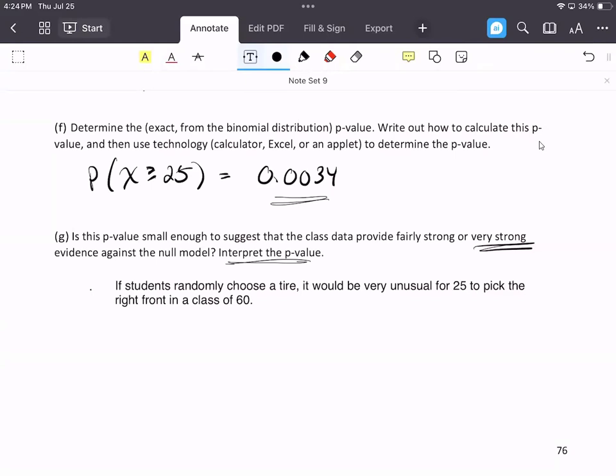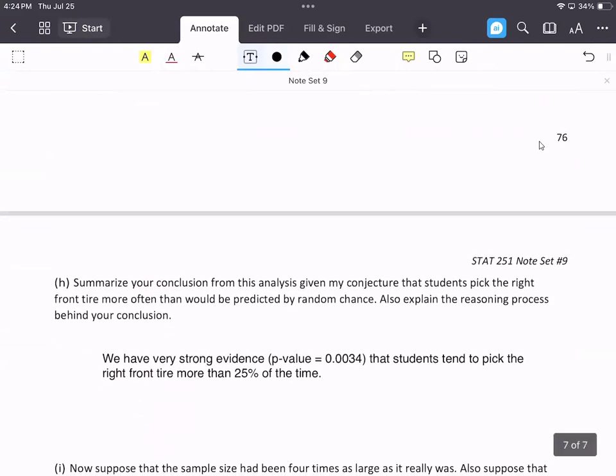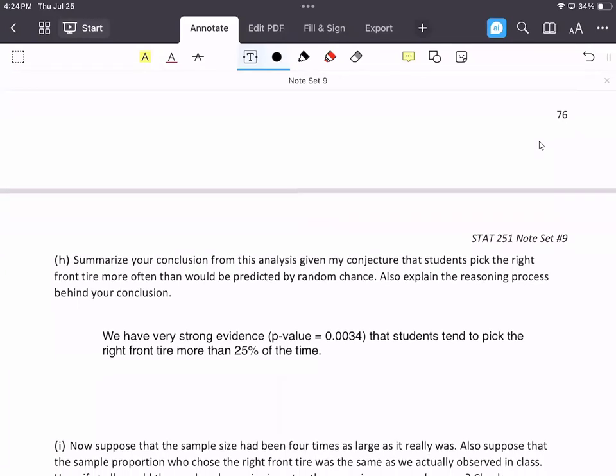It would only happen 0.0034, that's the proportion of times it would happen. So that's the p-value. So what do we have? We have very strong evidence, and I list the p-value there, that students tend to pick the right front tire more than 25% of the time. Okay, so there's my summary. My summary is based on that p-value.